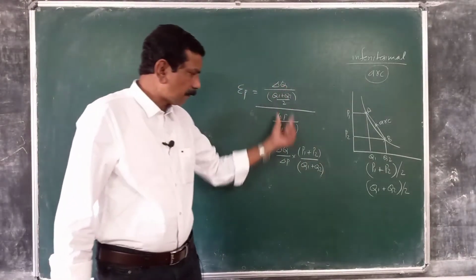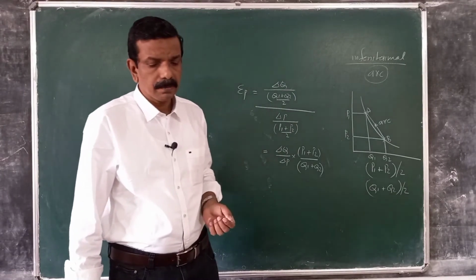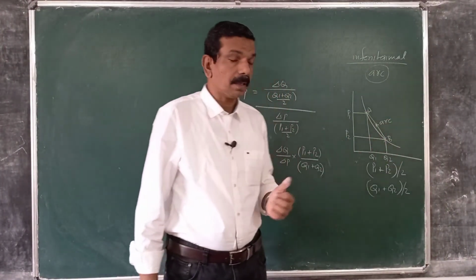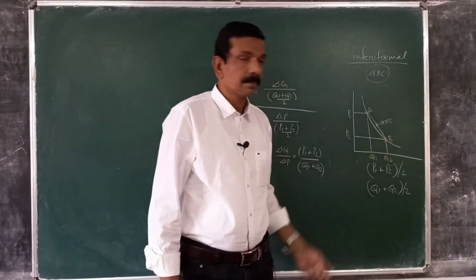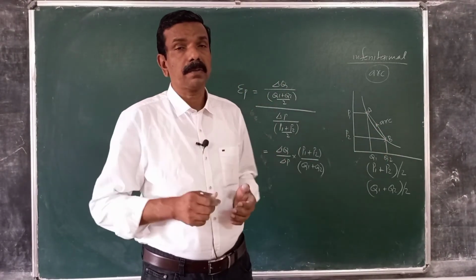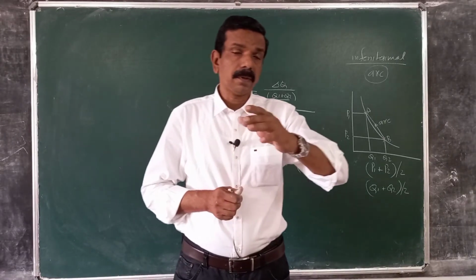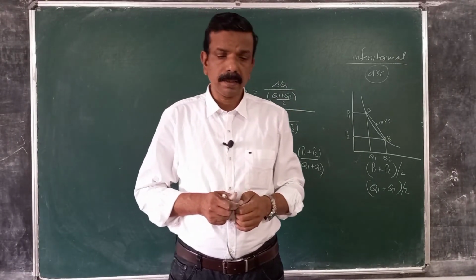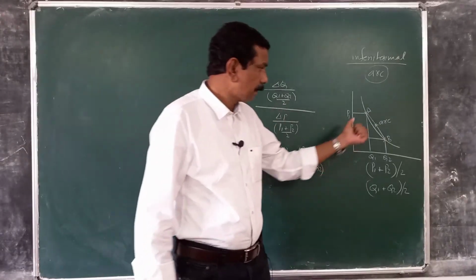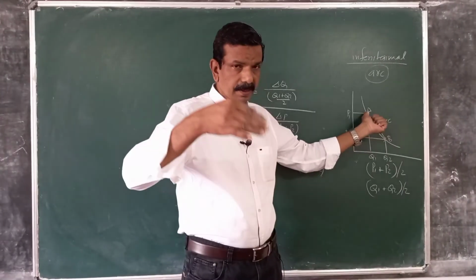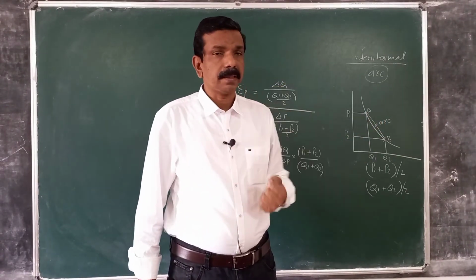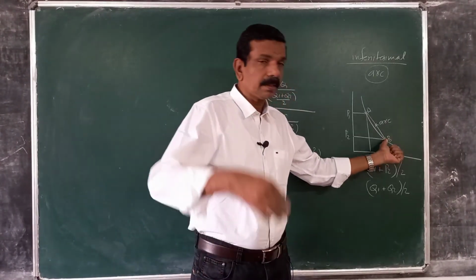The arc elasticity formula will give you the measure of elasticity between A and B rather than at A or B, and it is suitable for calculating elasticity for substantial changes in P. And the point is, if you calculate elasticity at A using the point method, you will get one value for elasticity. At B, another value.